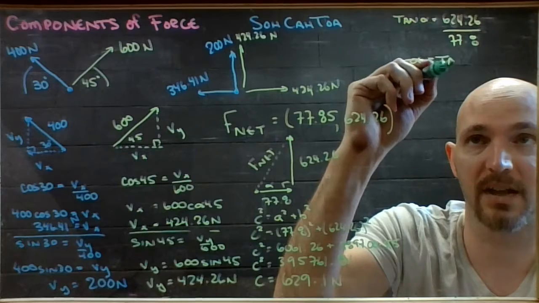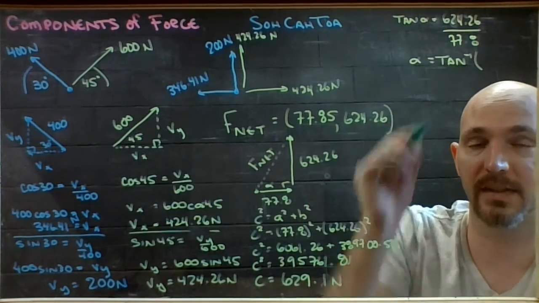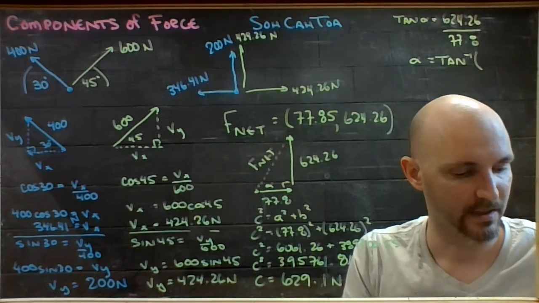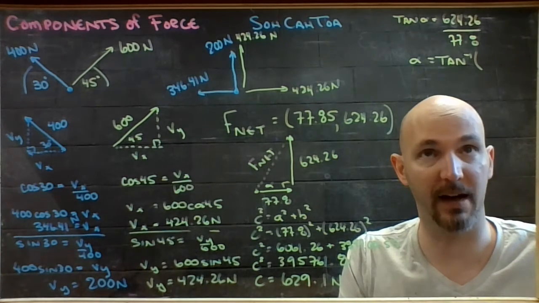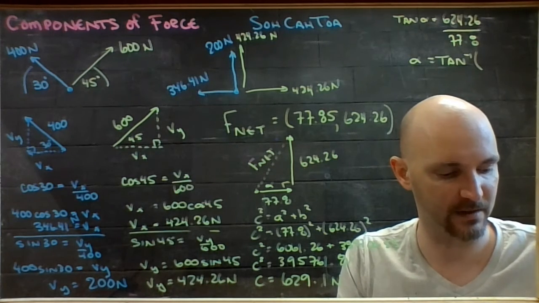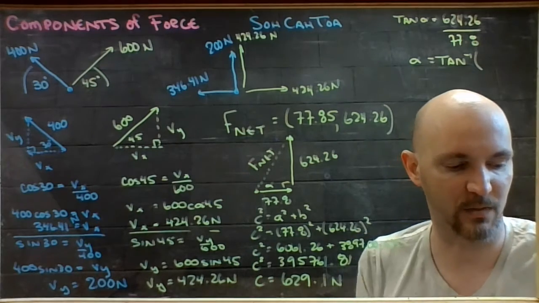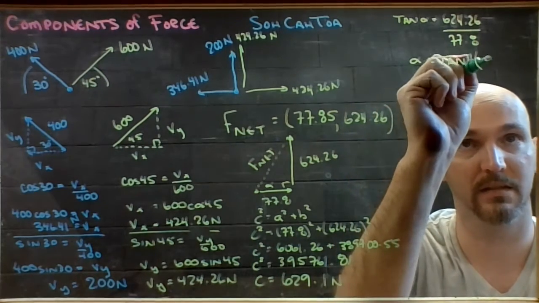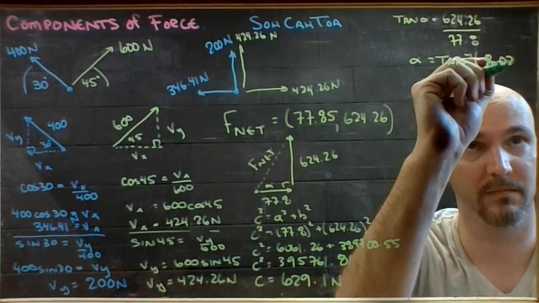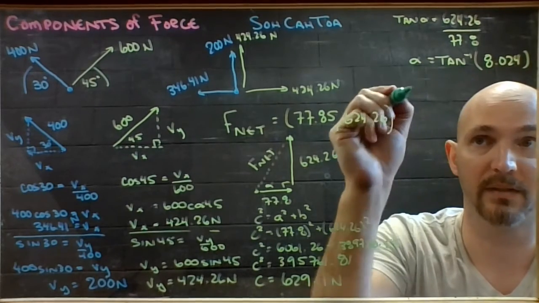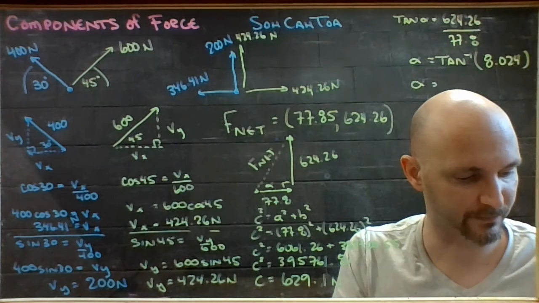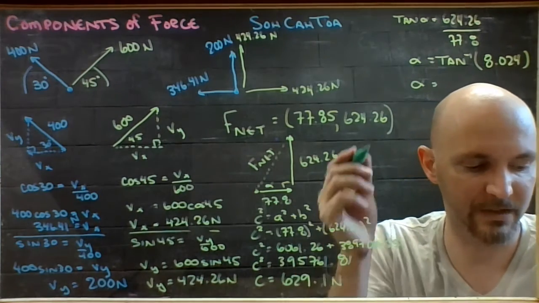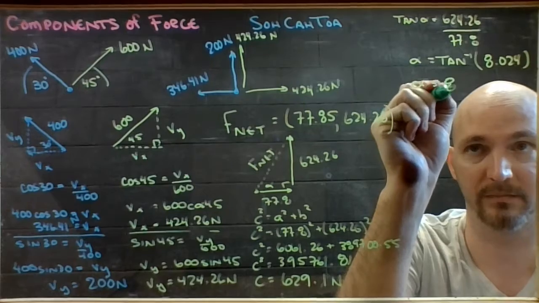So I'm going to have to toss tan across the equal sign, which makes it arctan, and 624.26 divided by 77.8 gives me 8.024 if it rounds. And if I hit tan backwards, I get 82.9 degrees.